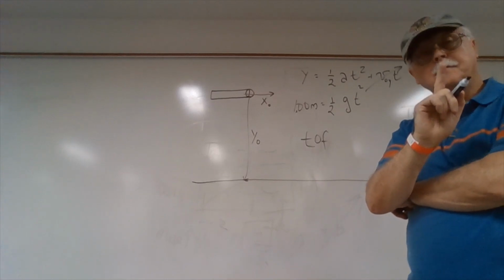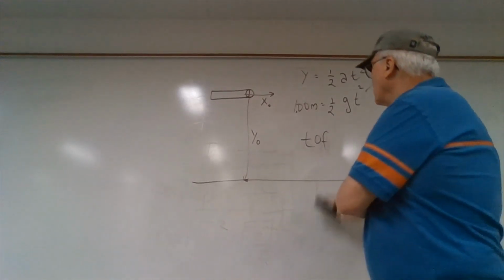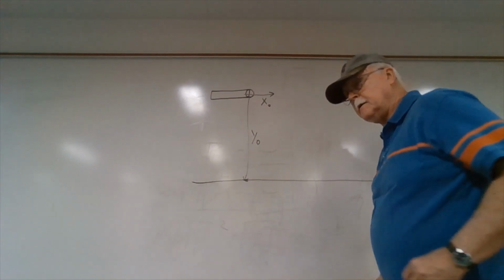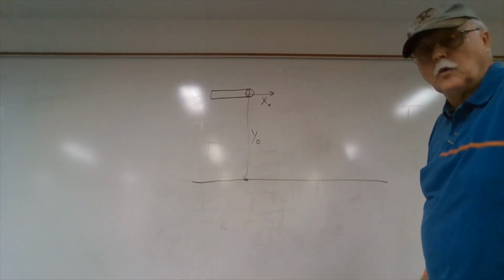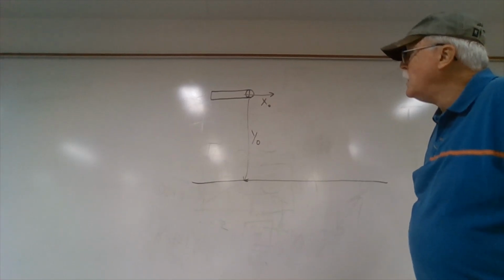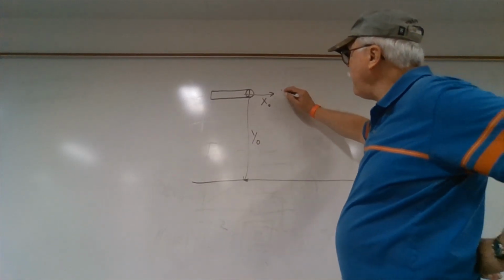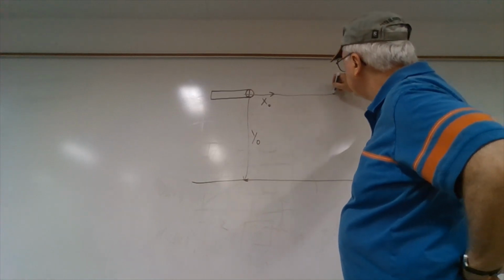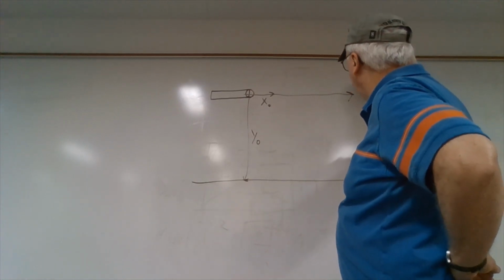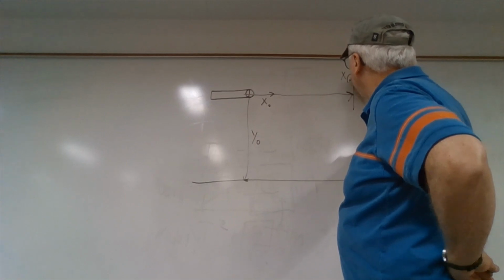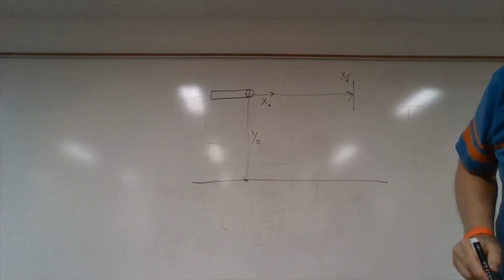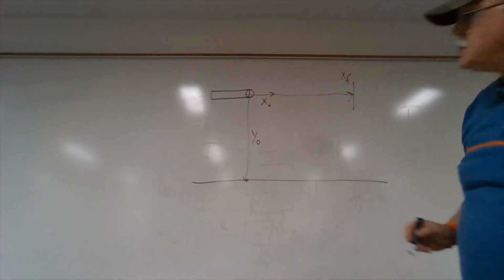We know that there's no acceleration in the x direction. So the time of flight will allow this thing to travel this far, x final, which in the experiment we called range.